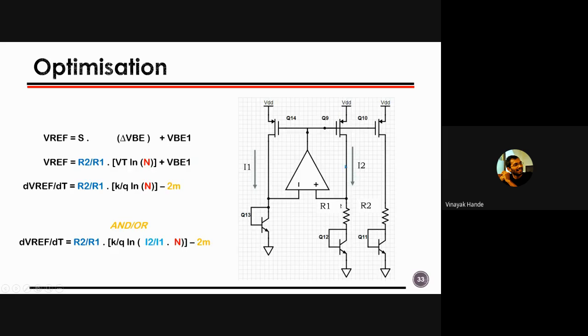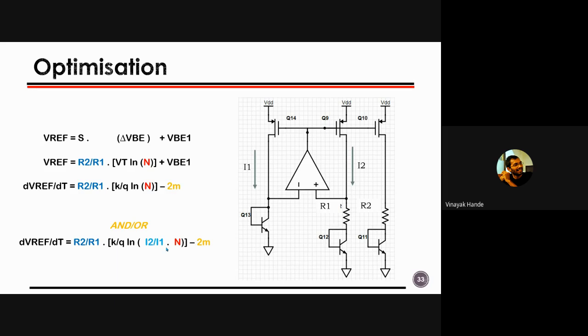It is nothing but these two currents. Previously, we said that you cannot change the current flowing through both the transistors, but unfortunately, that is not true at all. You can change the values of I1 and I2 to compromise for the value of N, at the end for the slope, right?